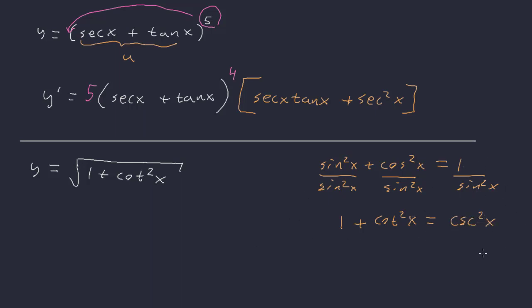So this is the cotangent cosecant version of the Pythagorean identity, which is one that it's good to know, but if you don't, you can always get to it from the original one. So this thing actually equals cosecant squared x. So this is the square root of cosecant squared x, which is really just cosecant.